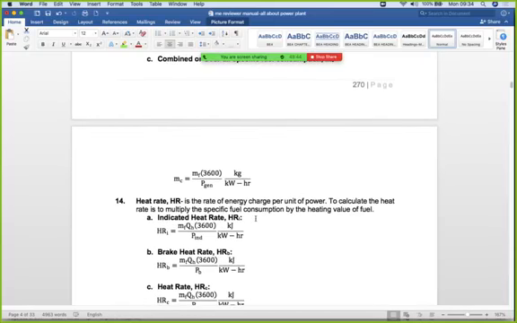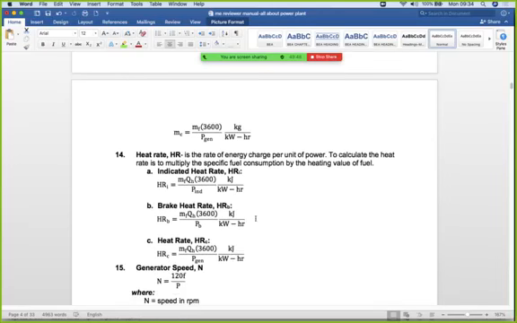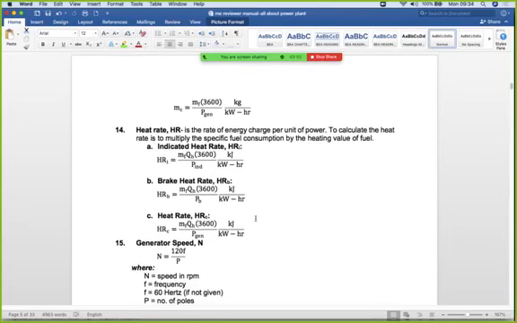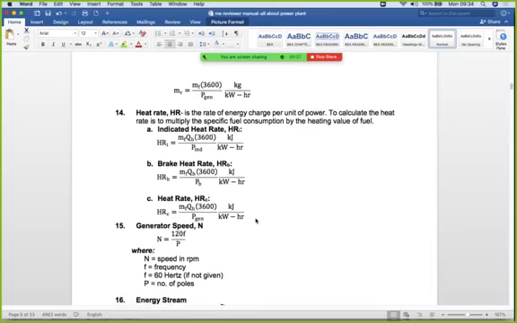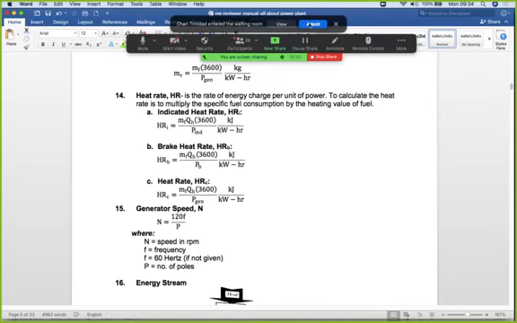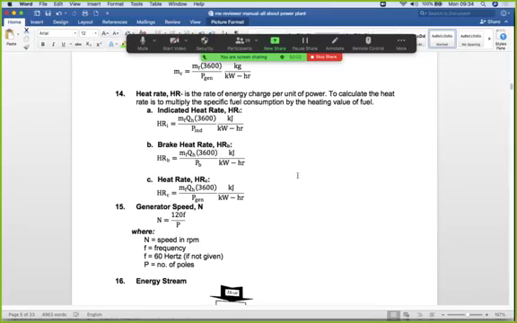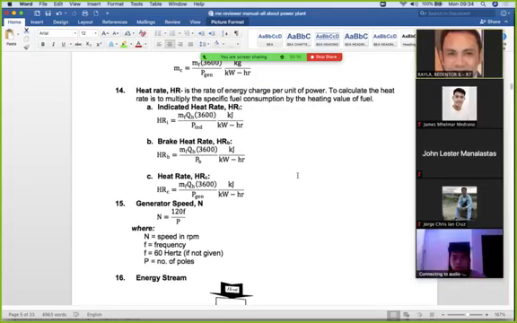So in a diesel power plant, we also need to have the heat rate. There are some questions that might be the determining factor for you to become a top-notcher. These are hard questions, but not necessarily hard if you are good in this.